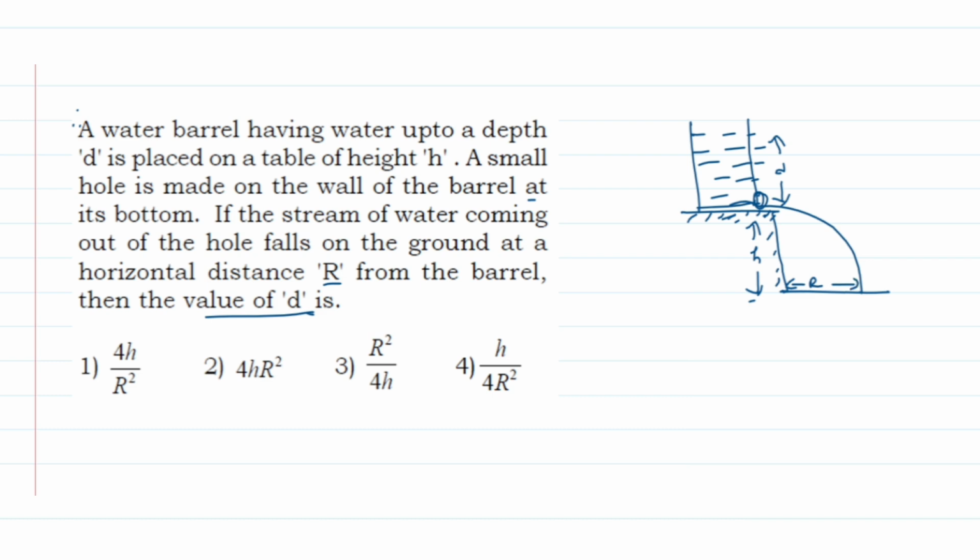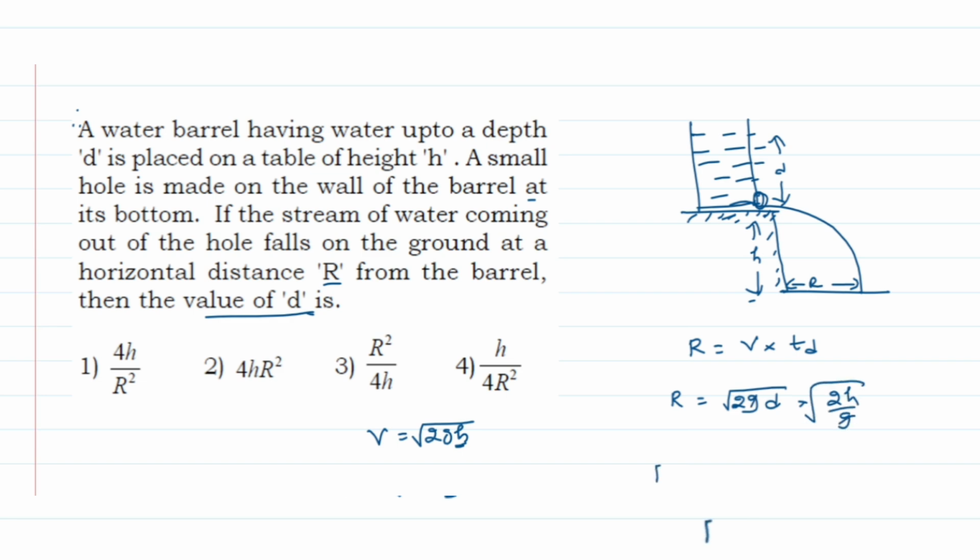Now the formula for range: R equals the speed of efflux into the time of descent. The speed of efflux is V equals the square root of 2gH, where H is the height above the orifice, that is the depth D, into the time of descent, which is the square root of 2h by g, since it is falling from height h. So g gets cancelled.